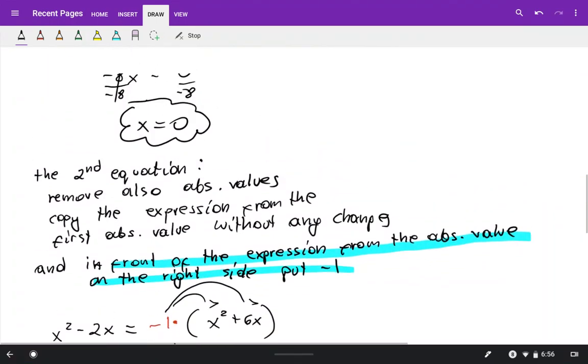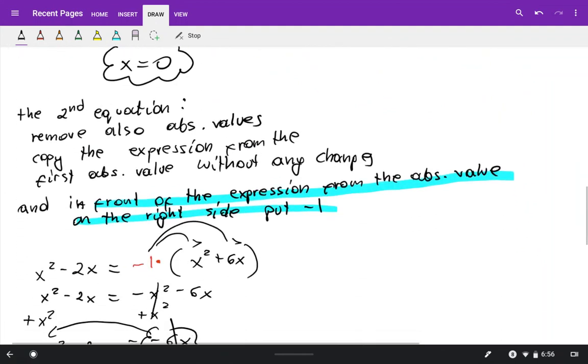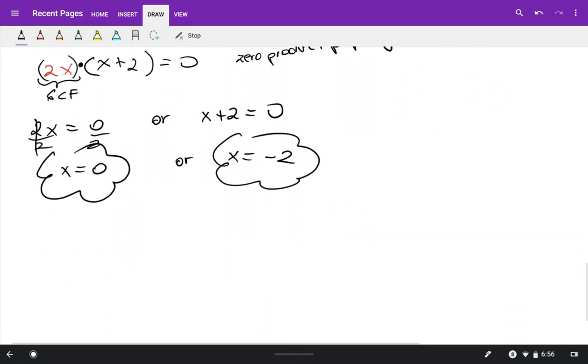And from the first equation, we also got x equals 0. So now you have to put all the solutions together. So the solution set is -2 comma 0. Okay, so we have two solutions.